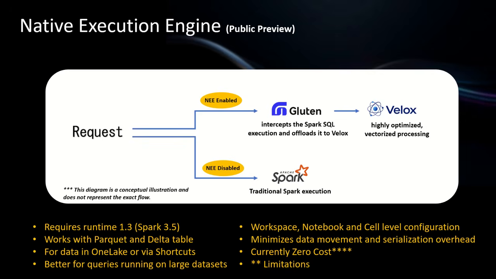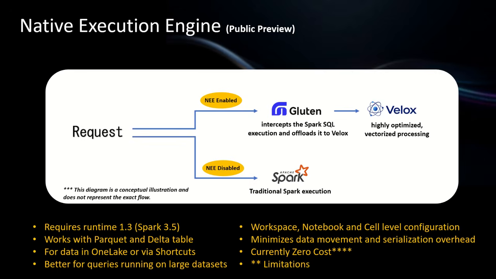I hope everyone knows how to set the Spark conf, so you use the same spark.conf.set statement for enabling it for that cell only. Then you get the code executed, and you can disable it again, making sure you use the native execution engine only for that cell.